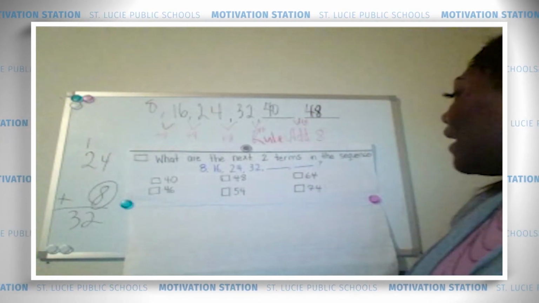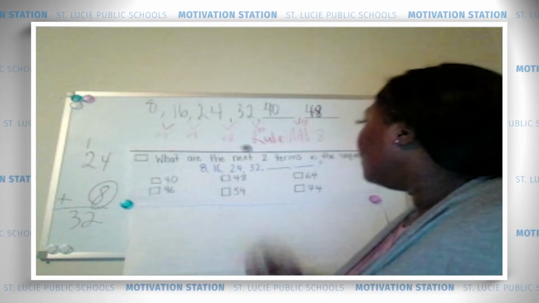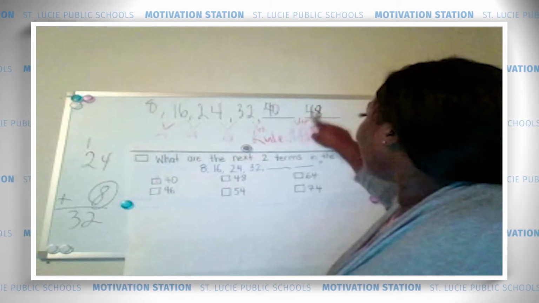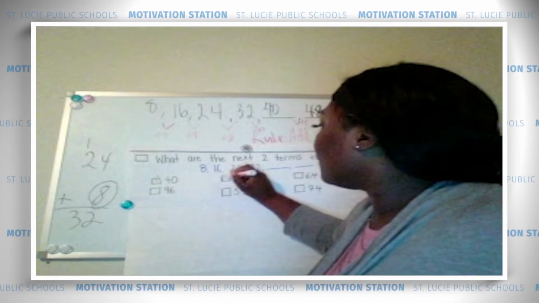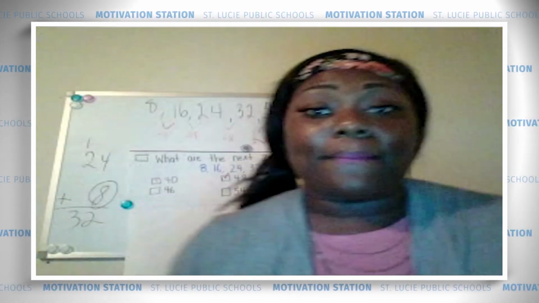So the next two numbers in this pattern are 40 and 48, and I know that because the pattern follows the rule add 8.